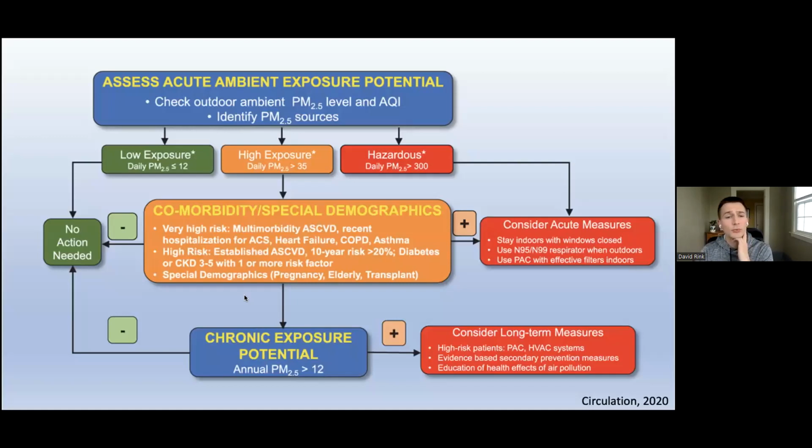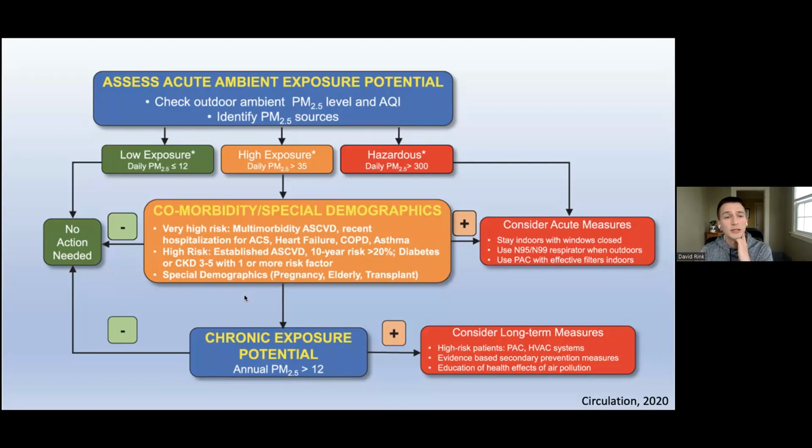I think one area we identified a little bit earlier was a lack of clear guidelines, making this challenging. How do we have this discussion with patients? Fortunately, recently, the AHA, or the American Heart Association, has published its clinical framework, which can help guide some interventions we think of in reducing pollutant exposure.